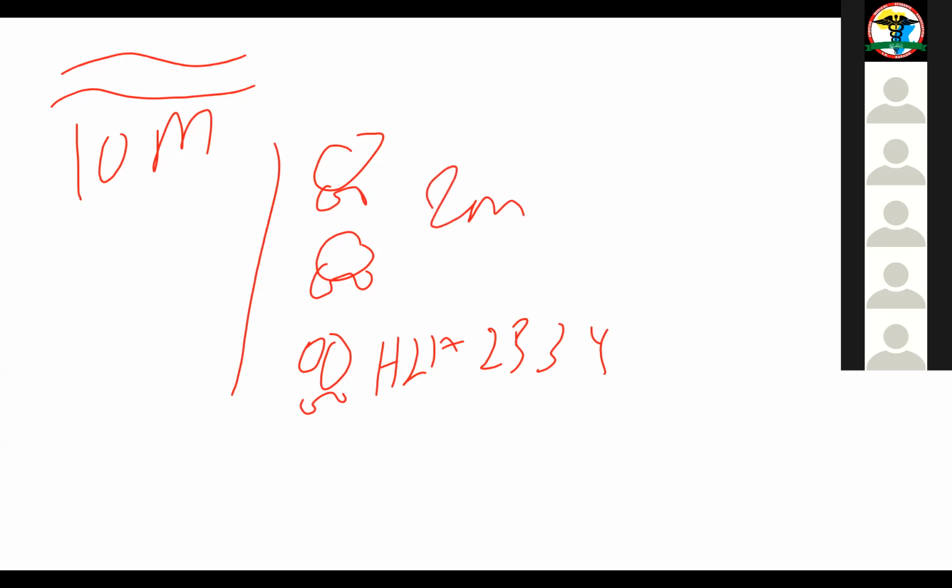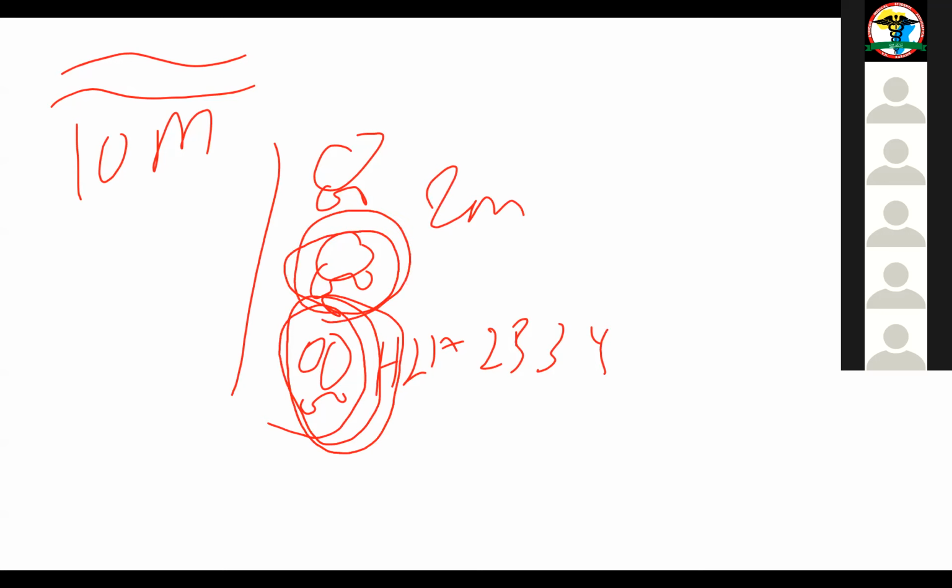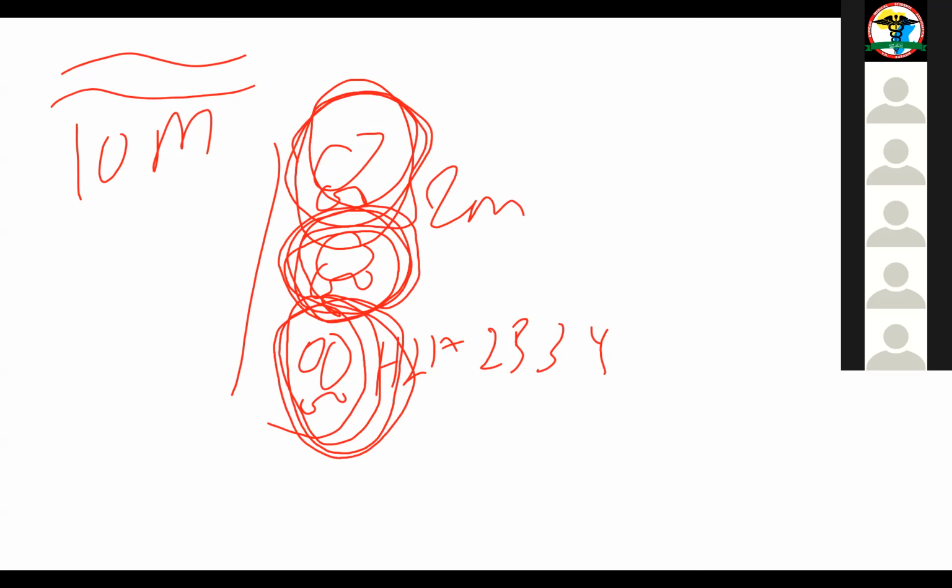Then you want to wrap around this thread of 10 meters. What do you do? Just wrap around, wrap around, wrap around, and wrap around. Basically, this is it. The histones with the DNA wrapped around it, that's a chromatin.